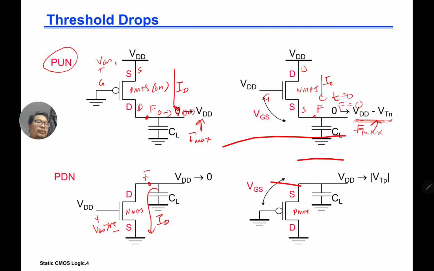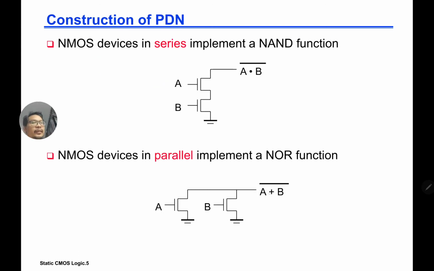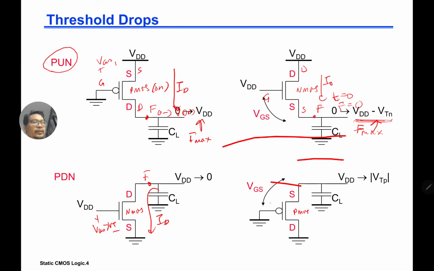if you use a PMOS, your gate is here, so your VGS is initially on, so you're going to pull down the voltage, but it's going to pull down only up to VTP. So here is your F min.